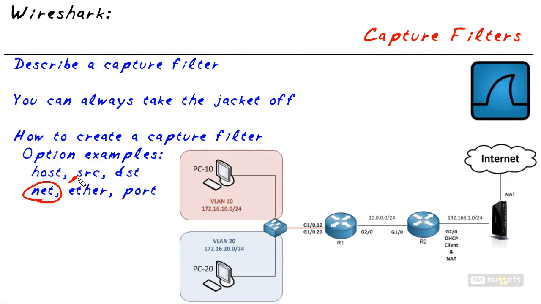We can specify a source network address or destination network address, and any of those hosts that are inside of that subnet, if they match the parameters of our capture filter, can go ahead and be included in that filter. We also have the ability to put not in front of network as well. So if you want to exclude certain networks and their IP addresses from showing up in your capture, we can do that as well. So let's take a look at setting up a simple network-based capture filter.